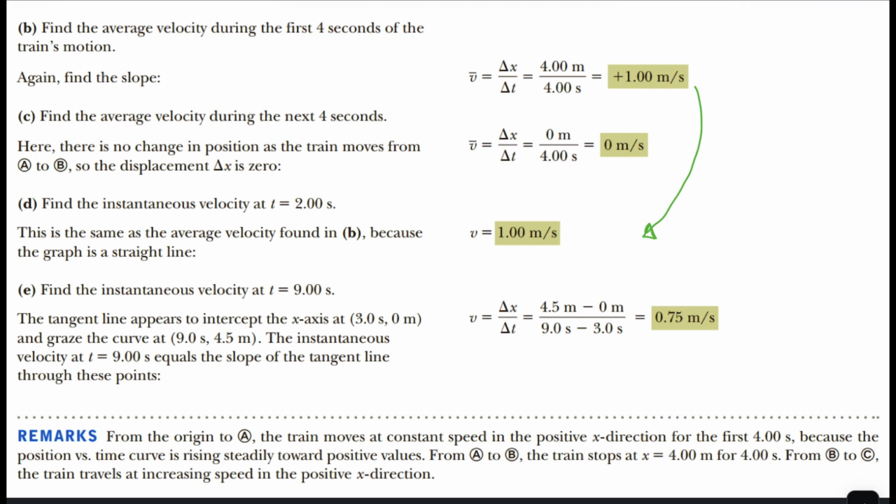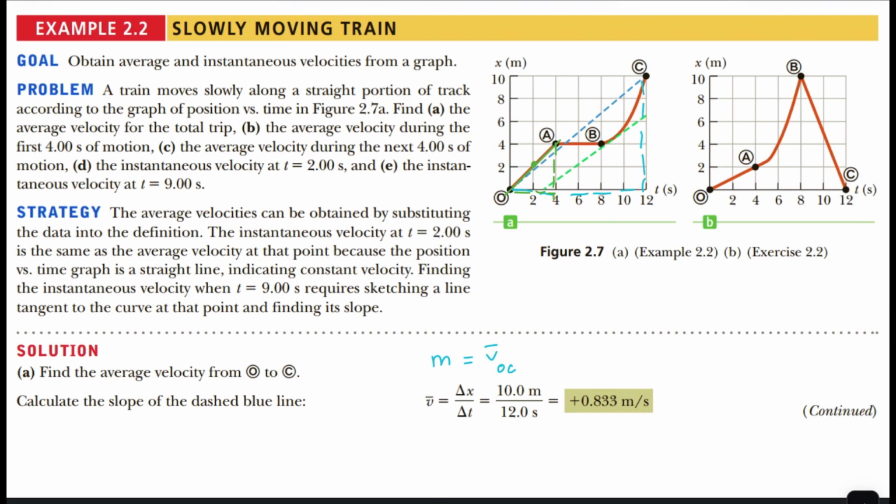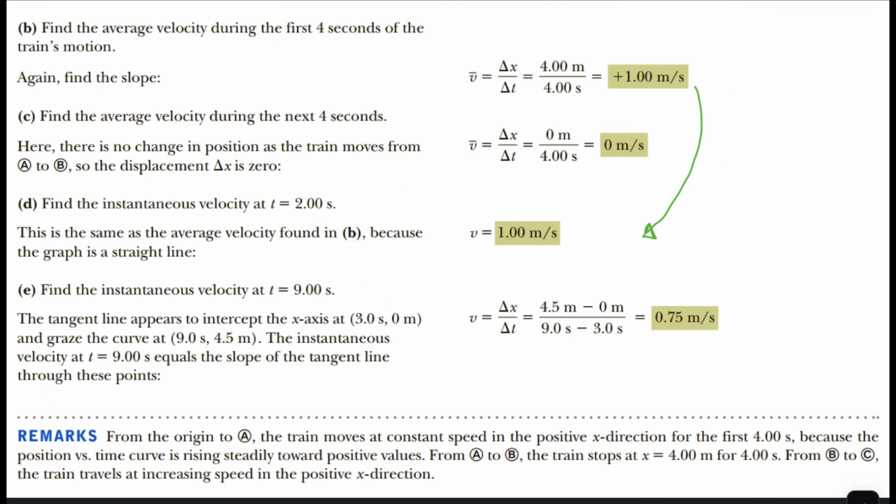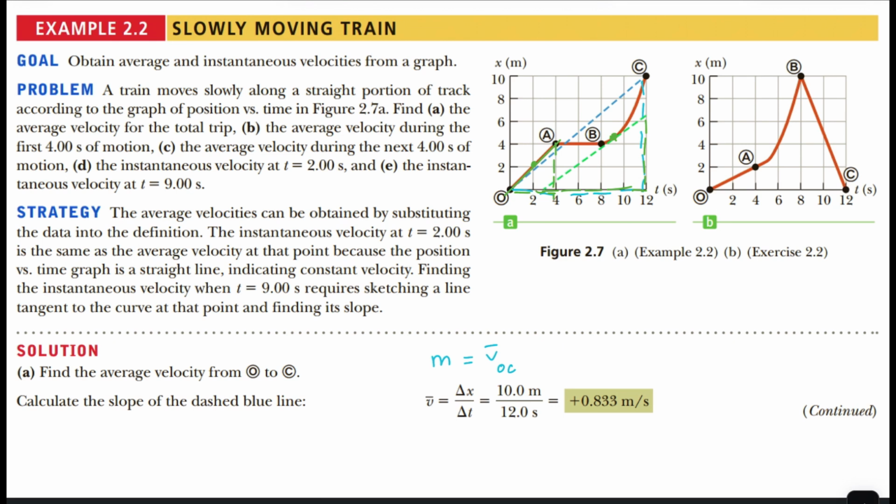And for E, find the instantaneous velocity at t equals 9 seconds. Where is 9 seconds? Somewhere here, in between. At this position, you need to determine the slope of the green dashed line, which is delta x over delta t again.